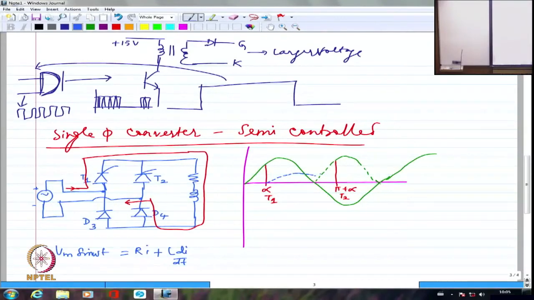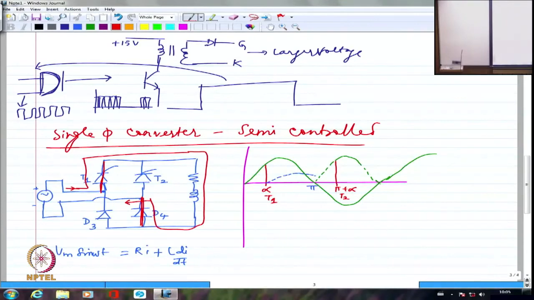I have to check. I'm talking about the point here, that is pi. The current has been flowing. If the current is flowing, I am going to have this almost as a short circuit, this almost as a short circuit. Am I right?